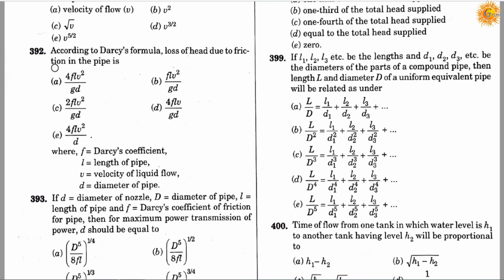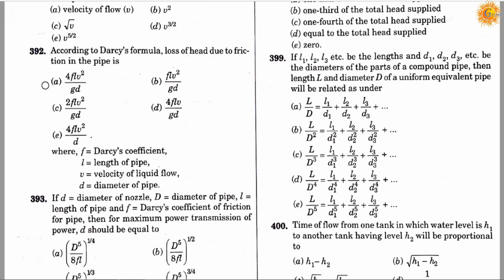Question number 392. According to Darcy's formula, loss of head due to friction in the pipe is: option A, 4 FLV square upon GD; option B, FLV square upon GD; option C, 2 FLV square upon GD; option D, 4 FLV upon GD; option E, 4 FLV square upon D, where F is Darcy's coefficient, L is length of pipe, V is velocity of liquid flow, and D is diameter of pipe.